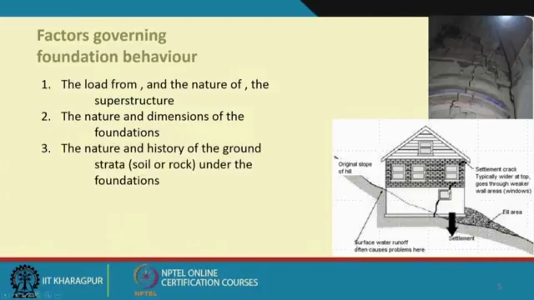Exactly there you see that the crack is happening. There is also surface water runoff, which often causes a problem. There is of course a sloping scenario, but it can also happen on horizontal, flat ground, where some intervention has happened and the ground strata is changing in its behavior, causing a foundation problem.